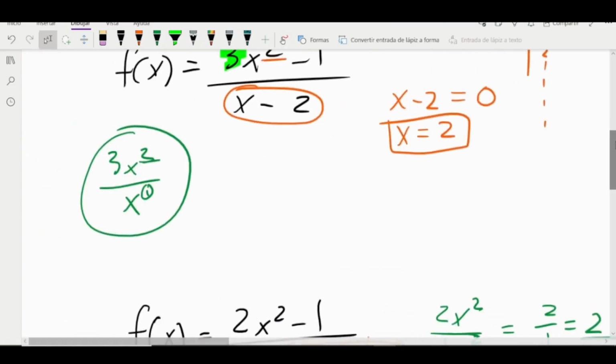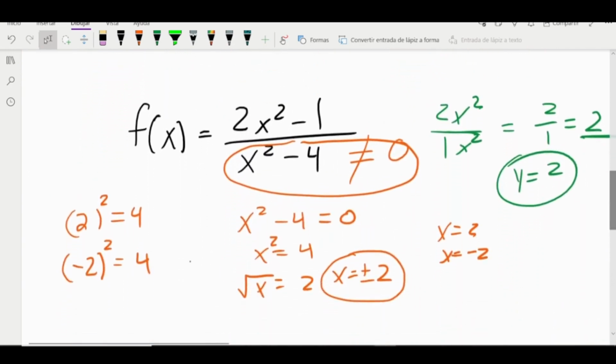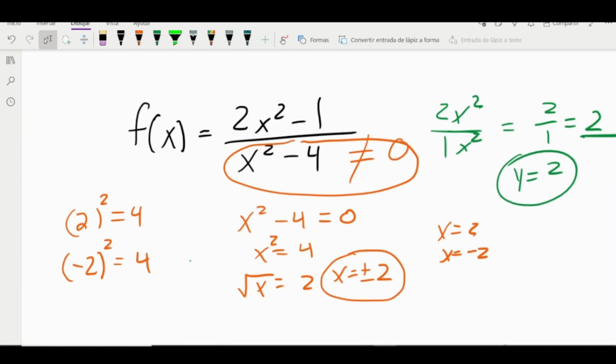Here, for example, we have this fraction, and the same, we need to find the asymptotes. We're going to start with the vertical asymptotes. The denominator is not possible to be equal to 0.